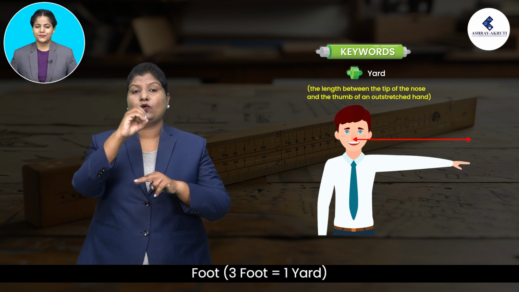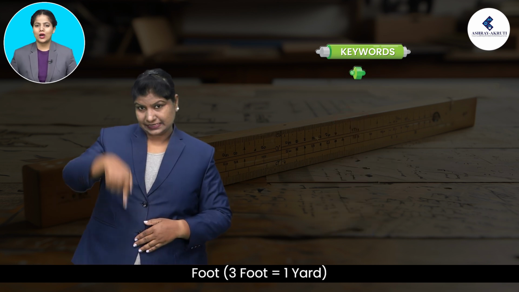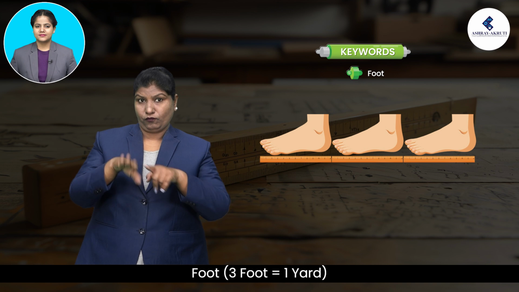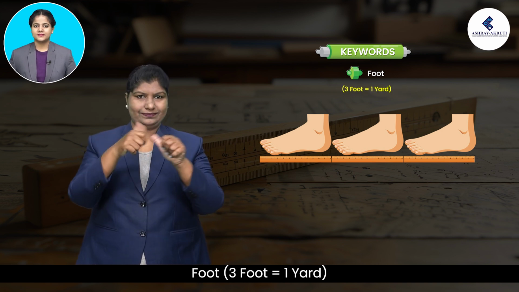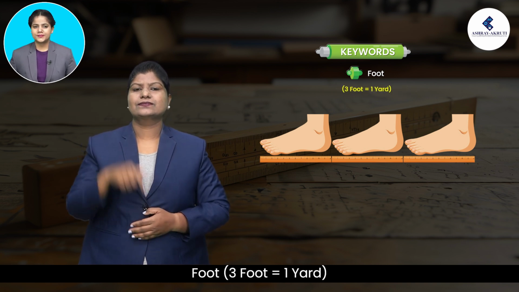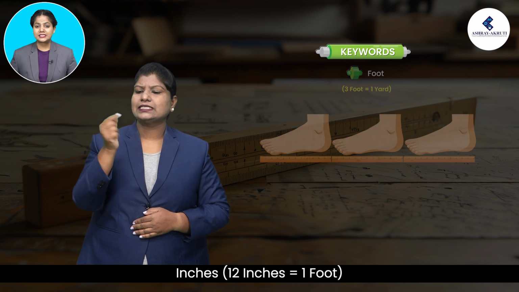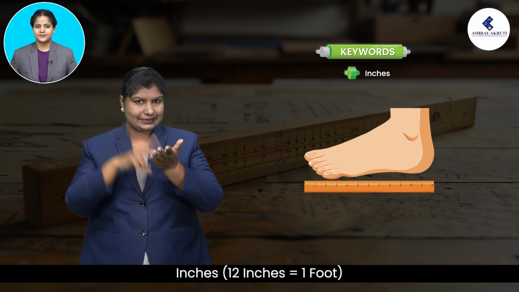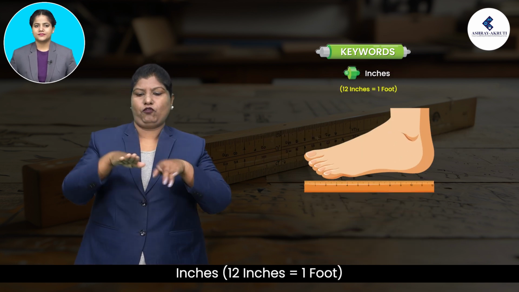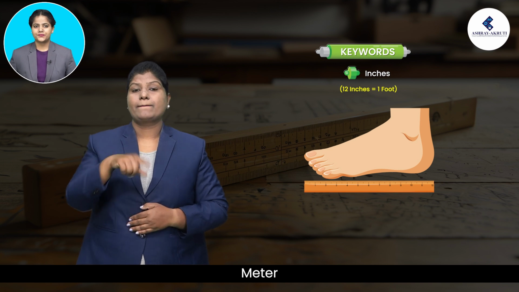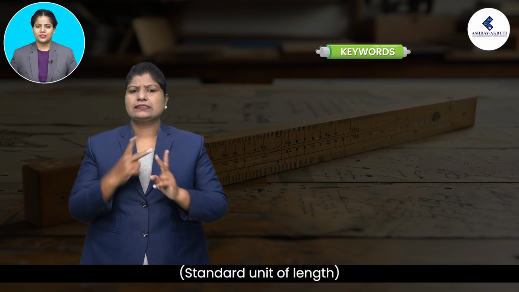Foot: 3 foot is equal to 1 yard. Inches: 12 inches is equal to 1 foot. Meter: standard unit of length.